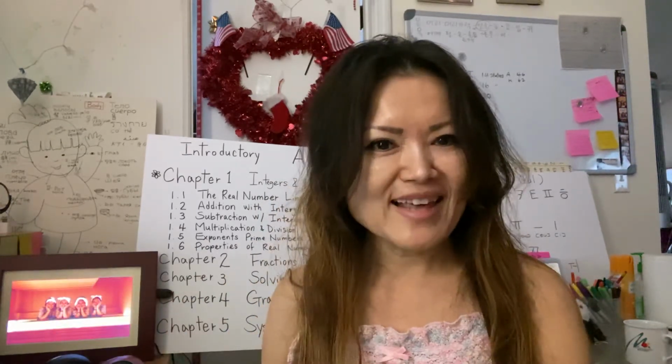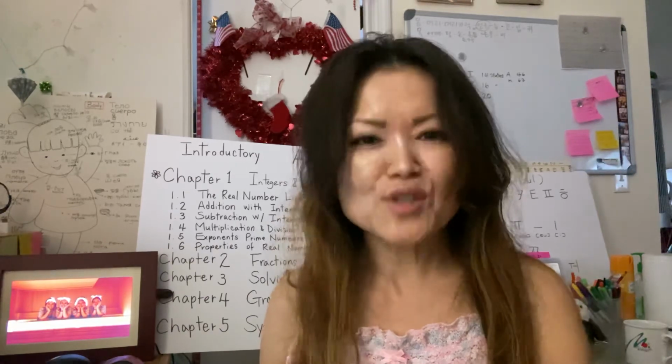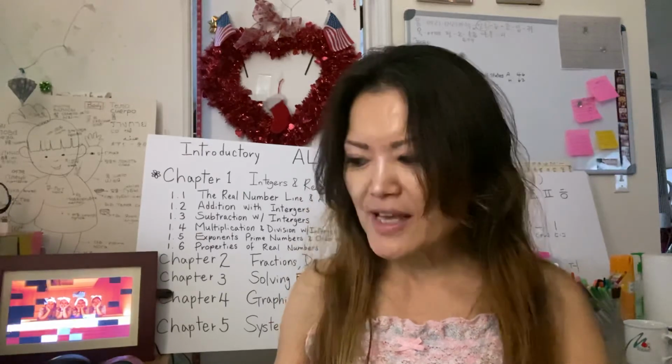Integers are whole numbers with negative numbers. Without zero, they are counting numbers, which you can also call natural numbers. Okay, so please remember what real numbers, inequality symbols, and absolute value are.